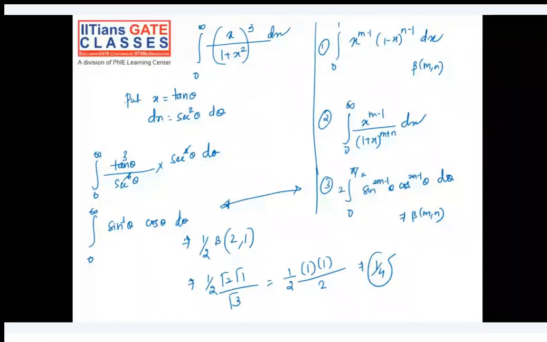Okay, and after that we started beta and gamma, where we understood the definition of gamma function, definition of beta function, 3 definitions of beta function, and the relationship between beta and gamma function. These things are very important and helpful for you while solving the integration problems.